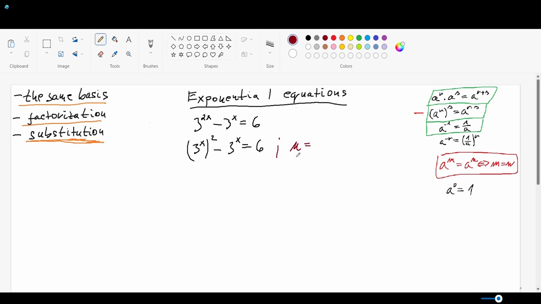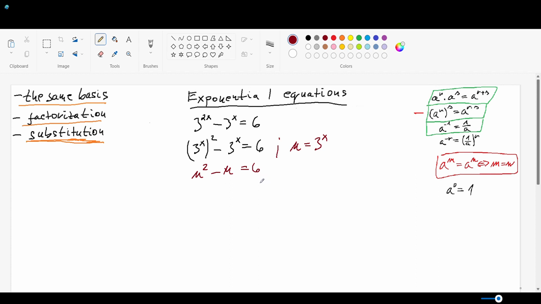It doesn't matter how you name the variable, and you say that your u is equal to 3 to the power of x. And if you substitute 3 to the power of x with the unknown u, you will get the equation u squared minus u is equal to 6.